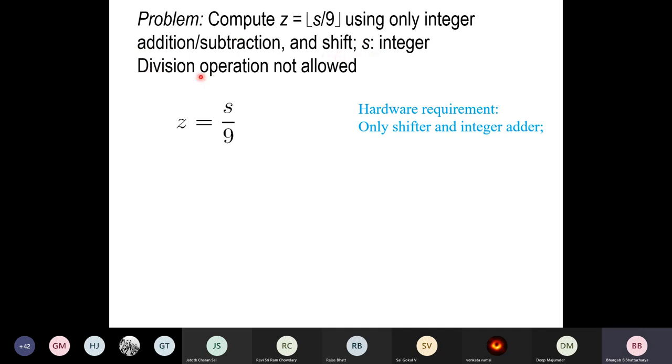Don't use the division operation or division instruction. It means that suppose I want to implement this in hardware, and I supply only a mechanism for shifting and an integer adder, and I want to compute S by 9. How would I do it?